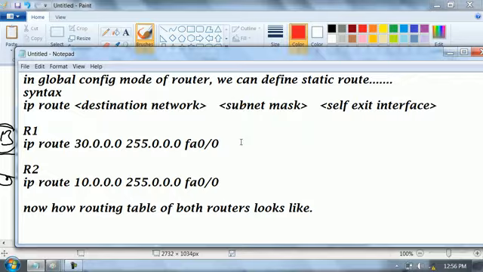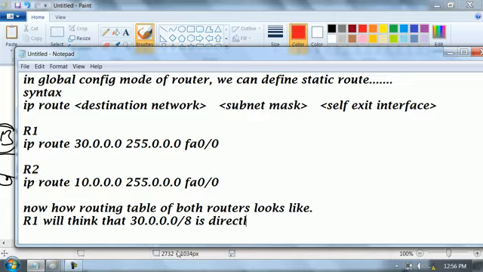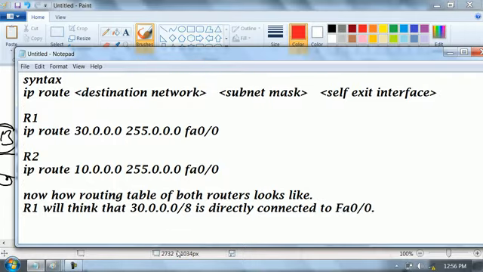Now, how will the router understand this information? First of all, R1 will think that 30.0.0.0/8 is directly connected to me.